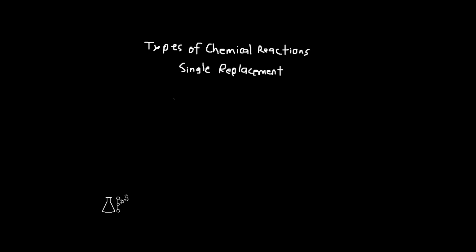All right, so the next type of reaction we're going to be looking at is replacement. And there's two variants. The first one we're looking at is single replacement. So what that is, it's when one element replaces another in a compound. Let's say we have A plus BC forms AC plus B. So the A element is replacing the B element in this compound.